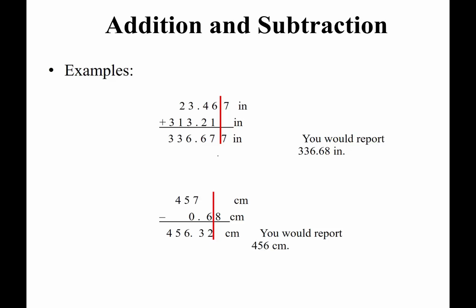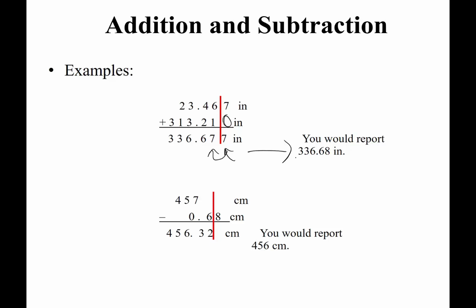So that's how far out I can report this answer, right? I didn't do that for the 23.467, right? So when you add that up, you're going to have to lose this last one, right? And so you need to round that up, and that's exactly what happened here. 336.68.